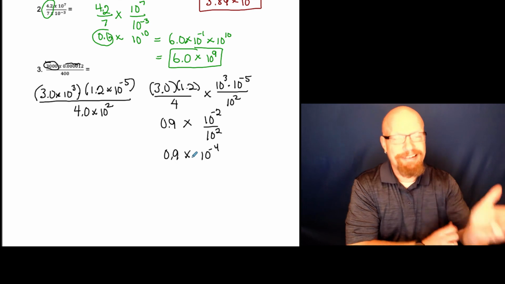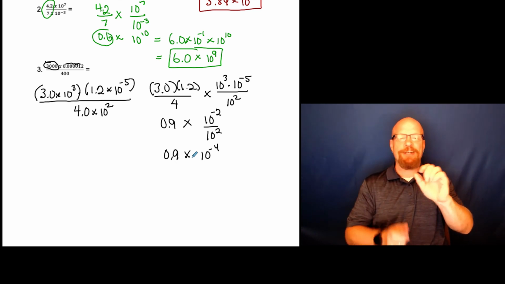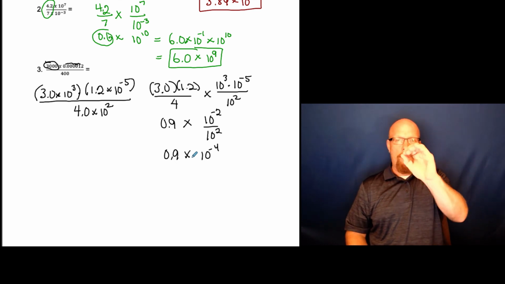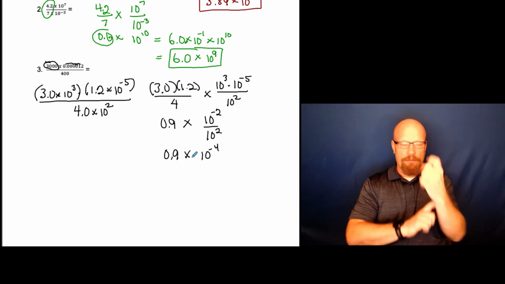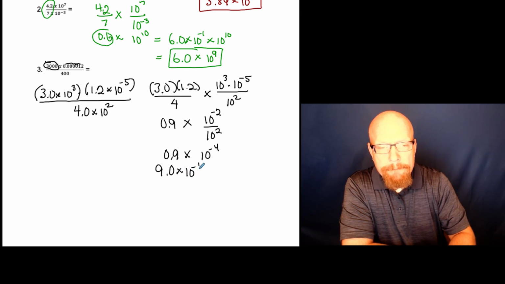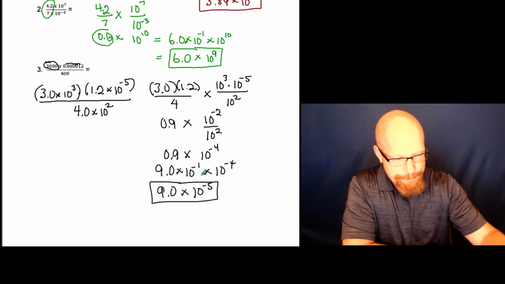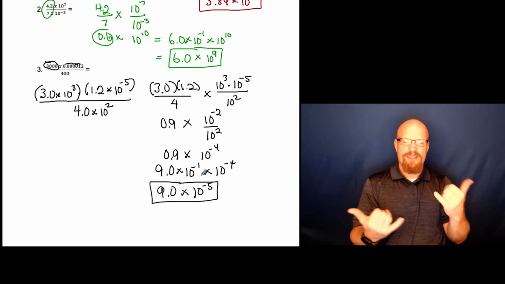Now, again, we're not done yet. The 0.9 does not satisfy the requirements of scientific notation. We have to change it to 9.0 times 10 to the negative first power. And that's our answer.